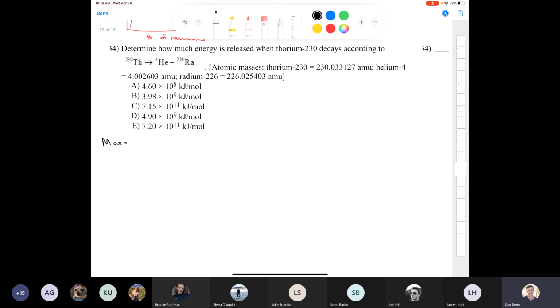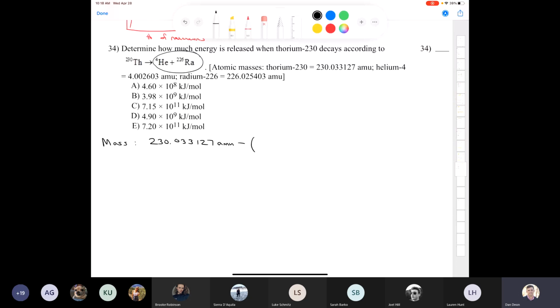We're starting out with our mass of thorium, which is 230.033127 atomic mass units. Then when we form these two products, they're going to weigh less, aren't they? They're going to weigh a little bit less because some of that mass is going to get converted into energy.